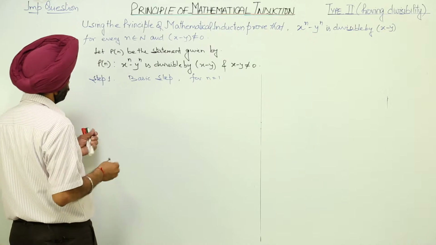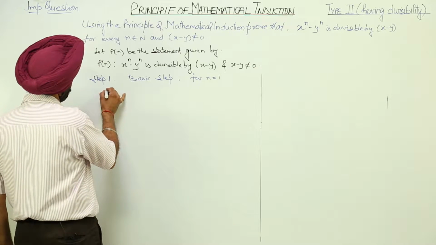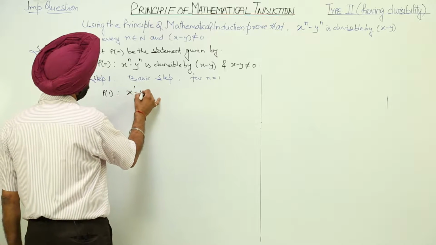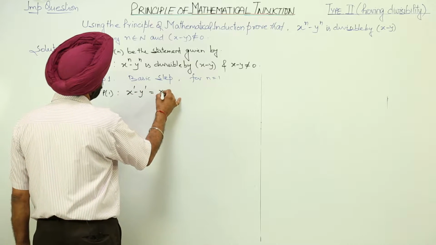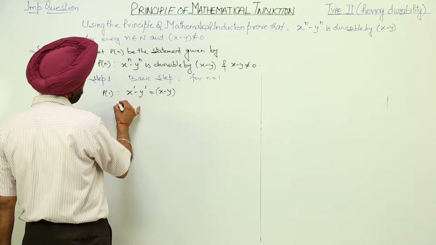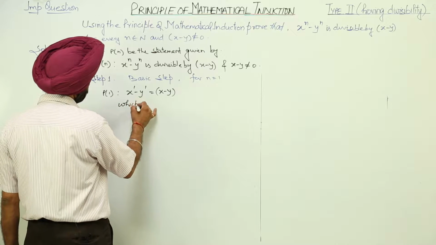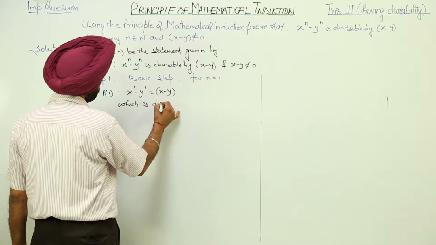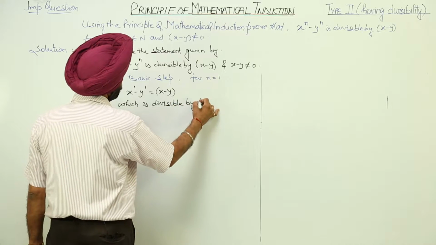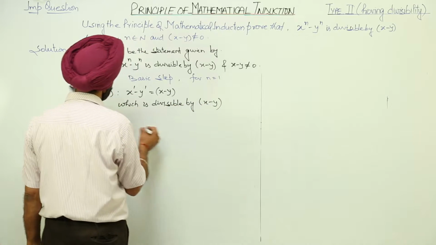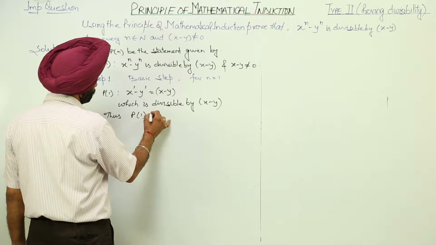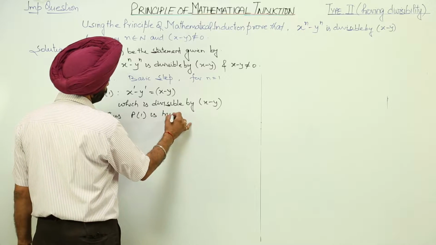Now P1: x raised to power 1 minus y raised to power 1 is equal to x minus y, which is divisible by x minus y. Thus P1 is true. First thing.